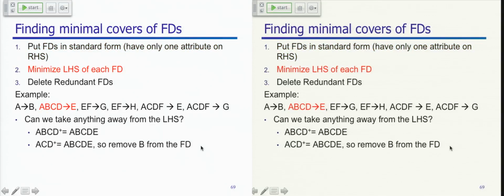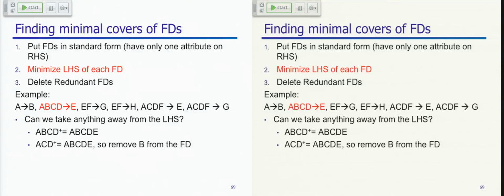Second step means you need to go through each of the left-hand sides and make sure that they are minimized. Okay, so let's take the highlighted functional dependency as an example.